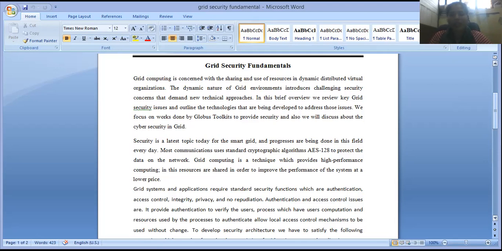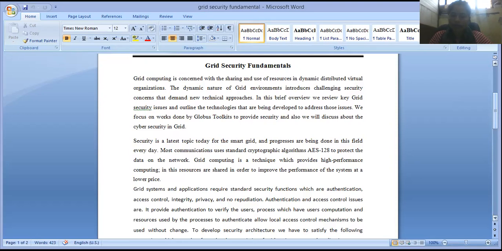There are various algorithms which are used to protect your data or your information, which you use through grid resources, and the resources taken by grid individuals. So security is the latest topic today, used in smart grids, and progress has been made in this field every day.